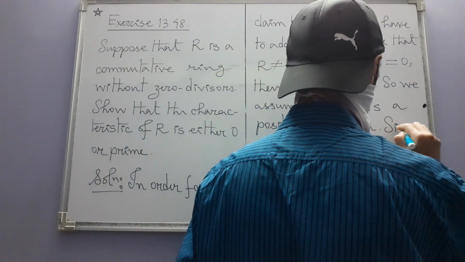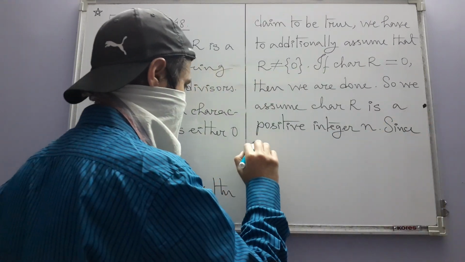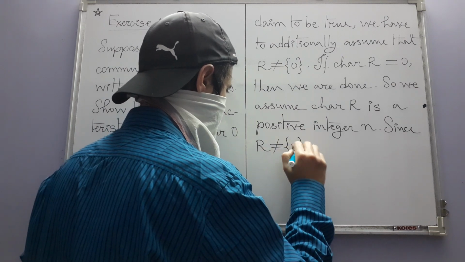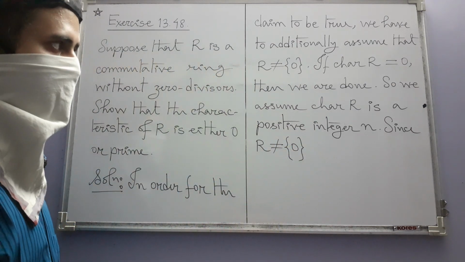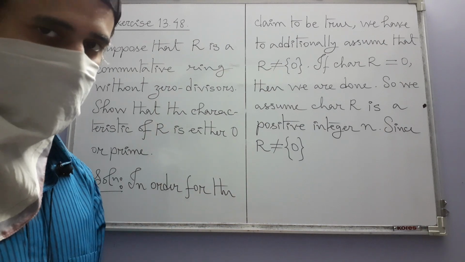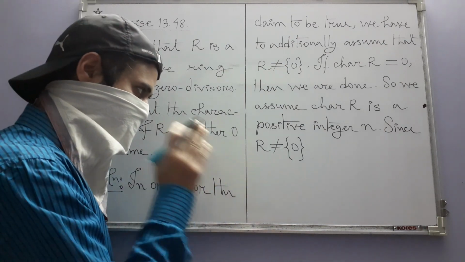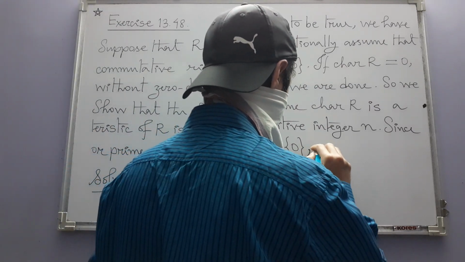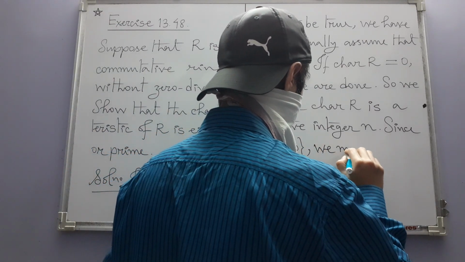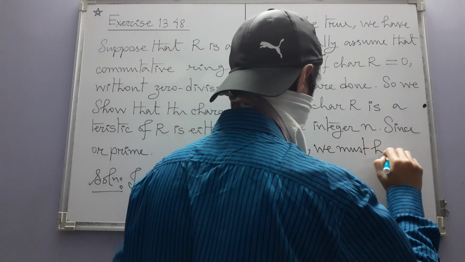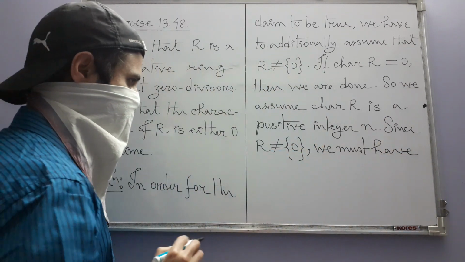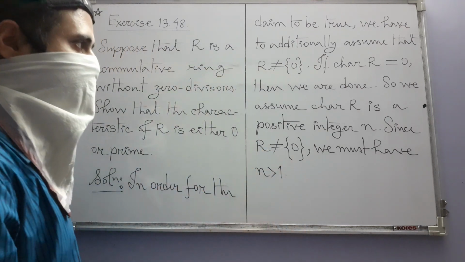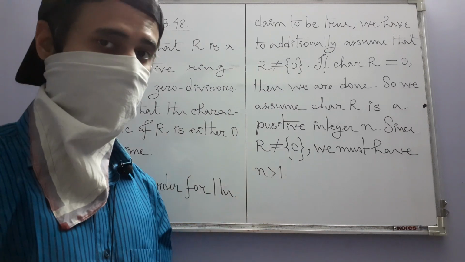Now since R is a non-zero ring, this n cannot be equal to 1 because the zero ring is the only ring having characteristic 1. But n is already a positive integer, so n has to be greater than 1.